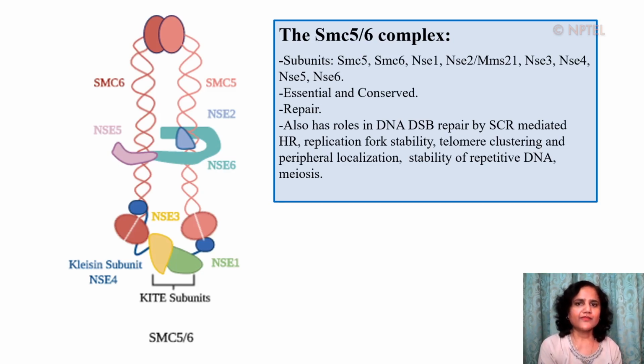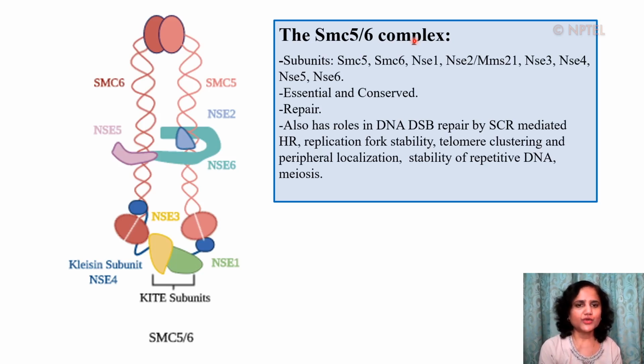The SMC5/6 complex has SMC5 and SMC6 as its SMC subunits, and it also has 6 non-SMC subunits, NSE1 through 6. All of these subunits again are essential and conserved. And one interesting feature of this complex is that it has got additional enzymatic activities.